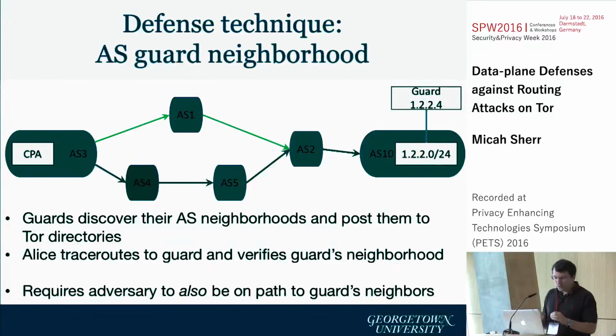In other words, it requires the adversary to also be in the path to the guard's neighbors. And in our attack model, the adversary isn't able to physically move. It can only launch virtual attacks using BGP.